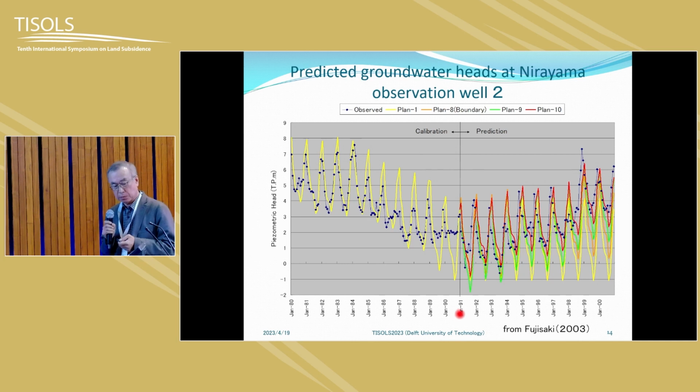Groundwater level change of observation wells from 1991 to 2000 was applied to the northern and southern boundary. Plans 8 to 10 are added to the prediction.